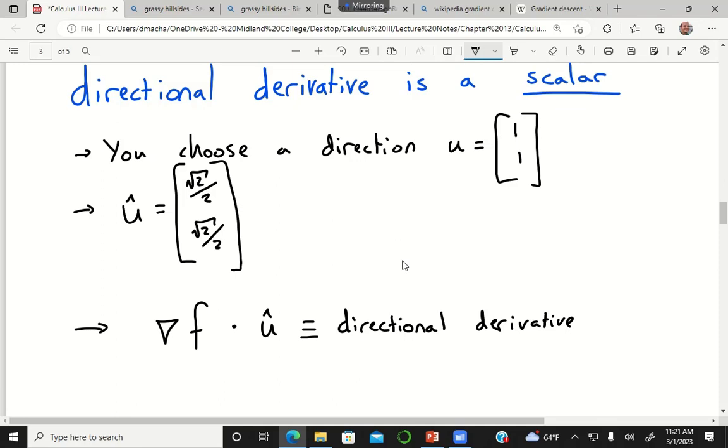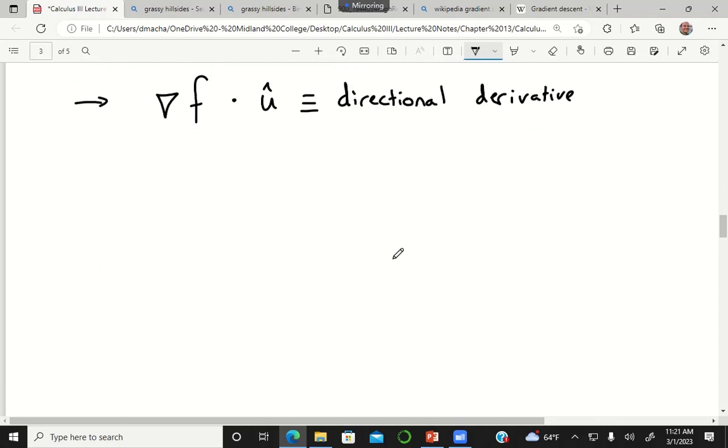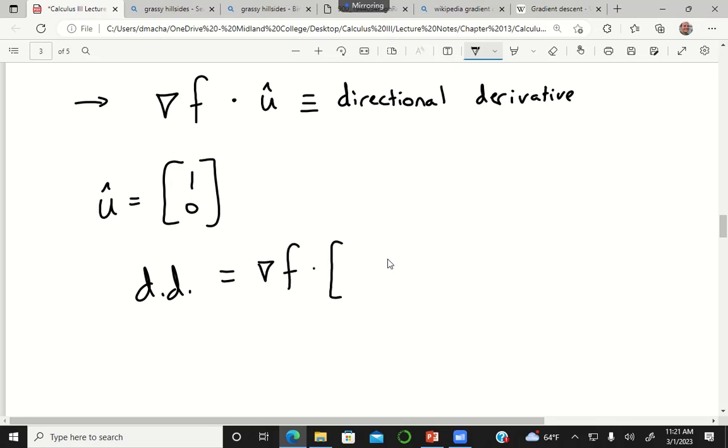Yeah. So, if the direction we happened to choose was 1, 0, then my directional derivative would be the gradient of f dotted with 1, 0, right?